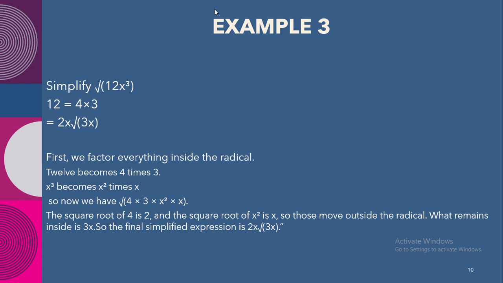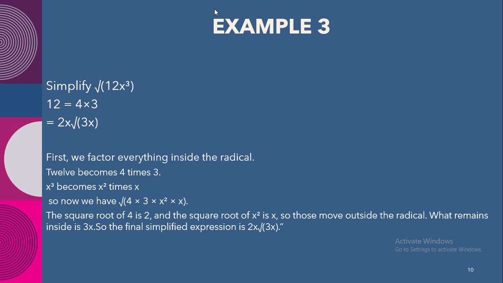Now let's hop on to example 3. Simplifying root of 12 x to the power of 3. Here we have a radical that includes both a number and a variable. First, we factor everything inside the radical. 12 becomes 4 times 3. x to the power of 3 becomes x squared times x.